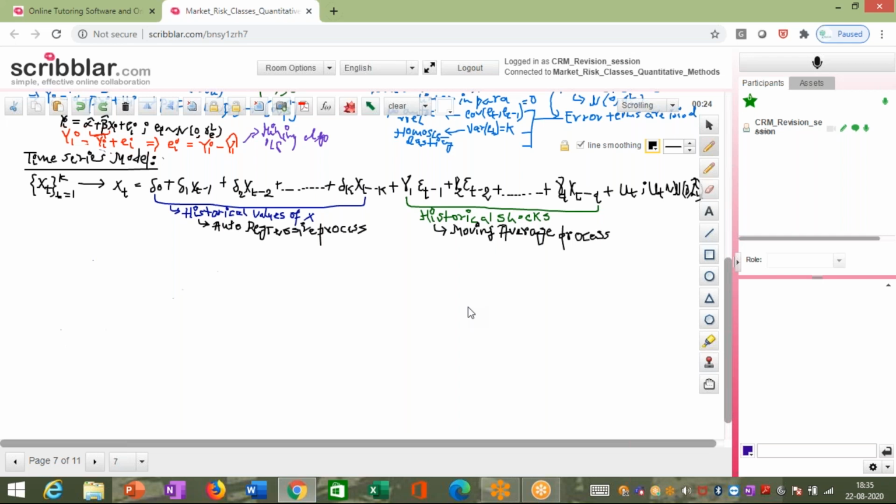Now, one of the important things we talk about here is that the time series can be a mix of these two, or it could comprise of just one of them. There are perfect memory models, long distance memory models, short memory models. We will come across all those variations, but at the crux of it, this is what a time series is composed of.